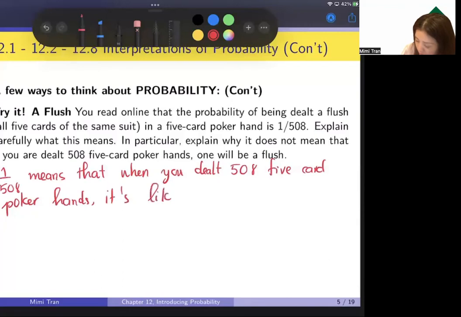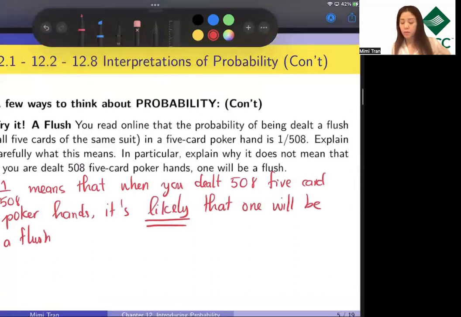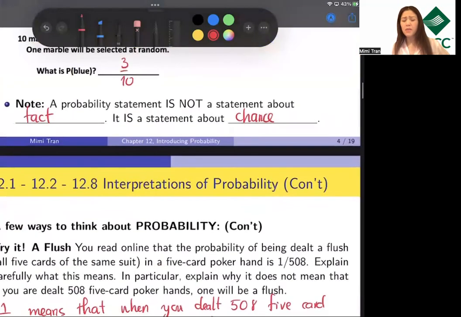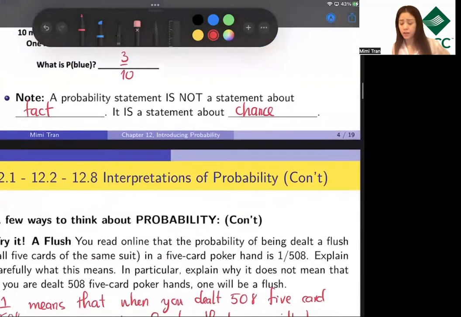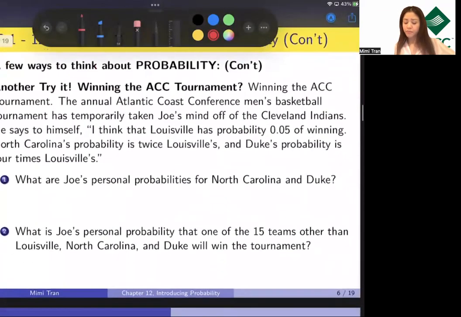I'm going to emphasize likely. It doesn't mean that you're going to get one. It's just chance. Remember about the probability statement. It's all about chance, not fact.